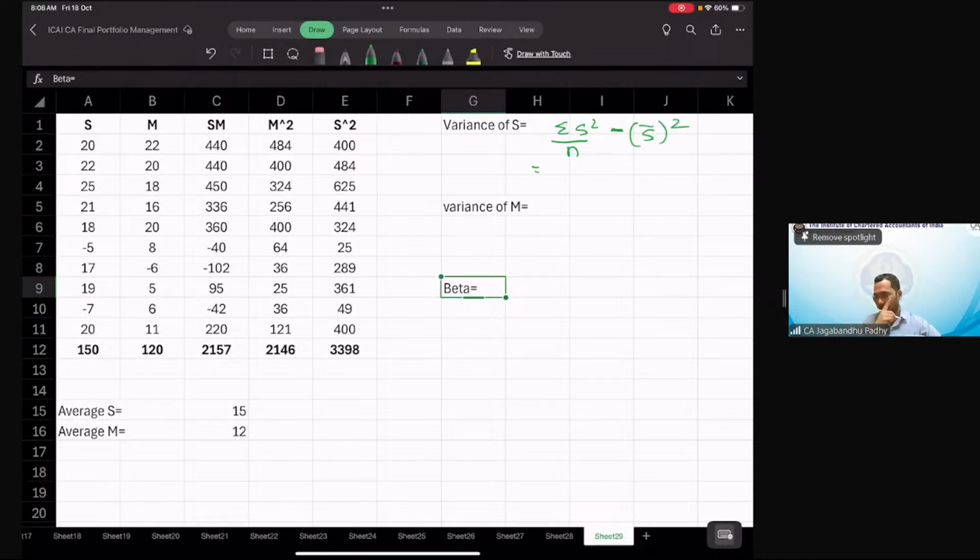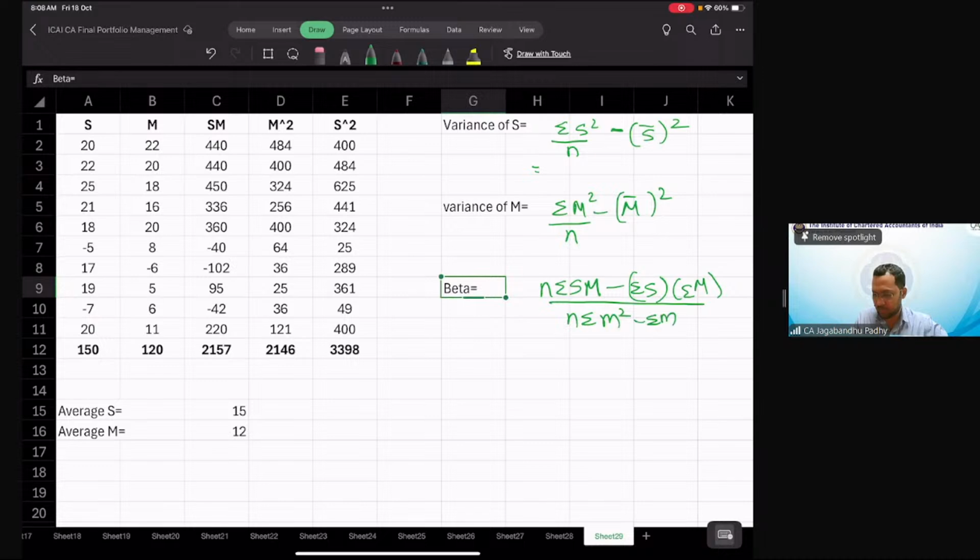So you can give the security variance from this. Variance of market will be summation M square upon N minus M bar square. Beta will be computed as N summation SM minus summation S into summation M, the whole divided by N summation M square minus summation M the whole square.